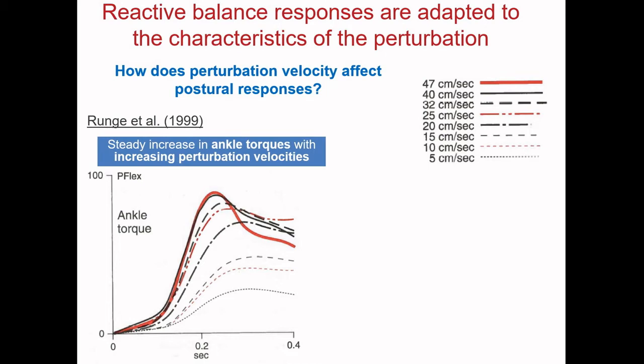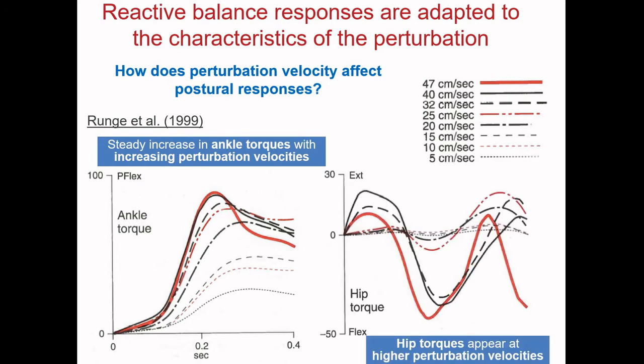What we see here is that following the perturbation that is taking place at 0 seconds in the plot, ankle plantar flexion torques are created in all conditions. We also see that there's a steady increase in ankle torques with increasing perturbation velocities. This is consistent with greater forces being needed to counteract the increasingly stronger perturbations.